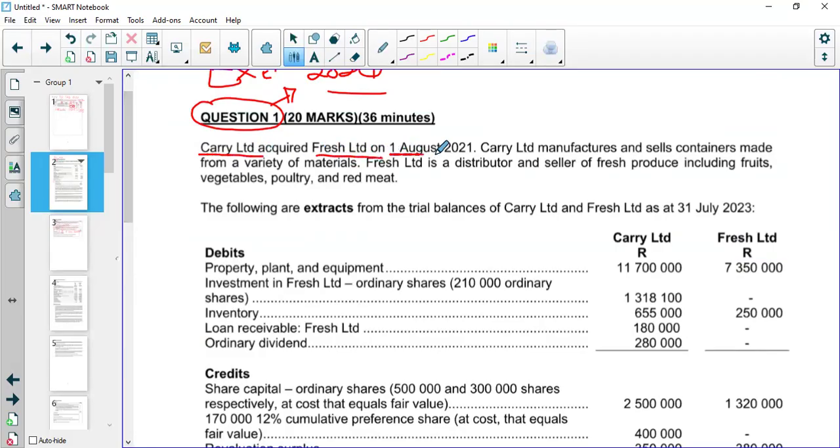And this was on August 1, 2021. So if you look at the dates now, this is 31 July 2023. This year started on 1 August 2022. So this acquisition occurred at the beginning of the previous year.